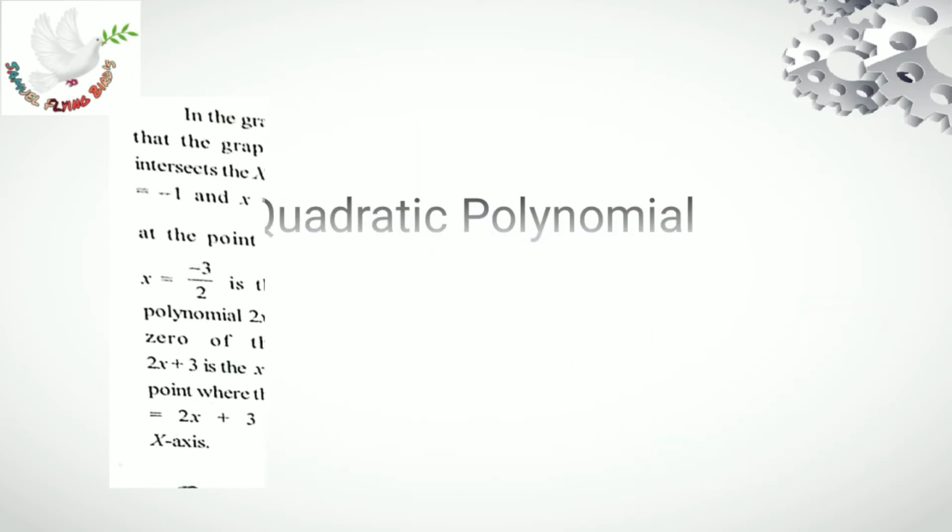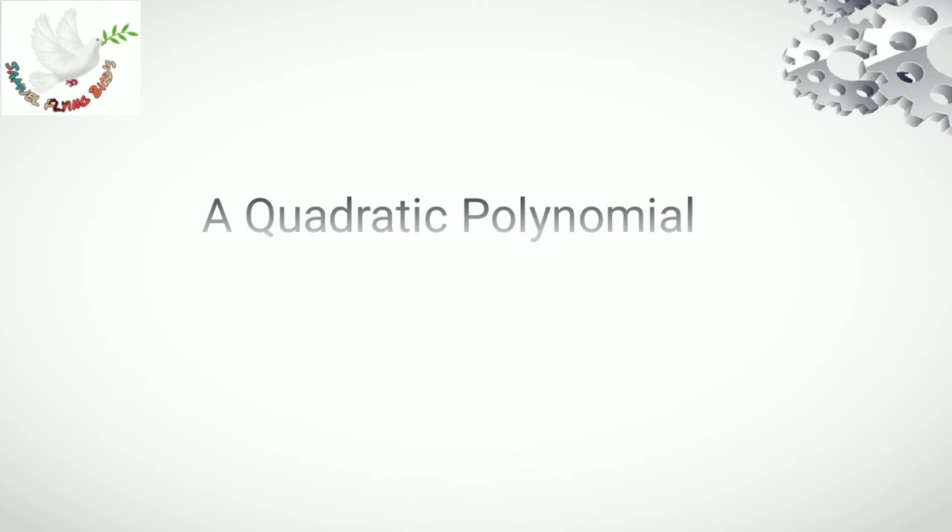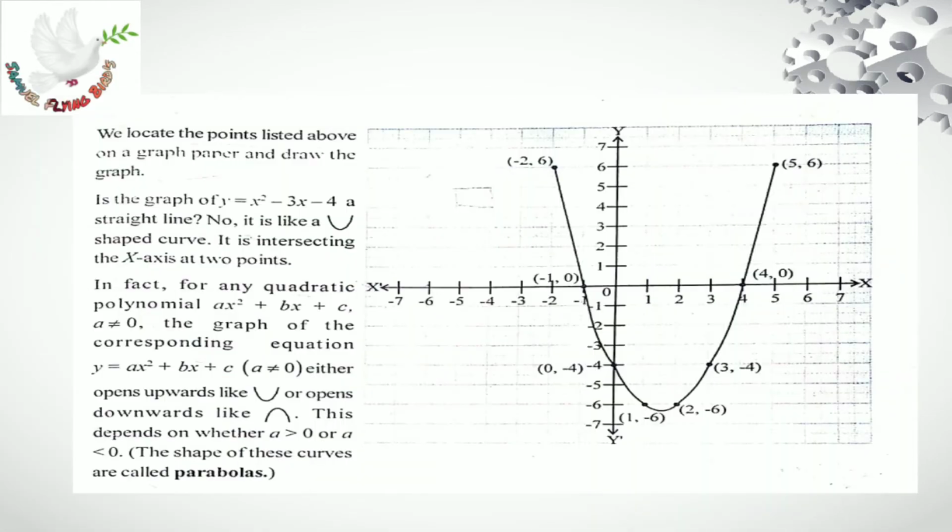Now we consider the next method for finding the zeros of a polynomial. It is a quadratic polynomial. We know what a quadratic polynomial is: an expression p of x of degree 2.